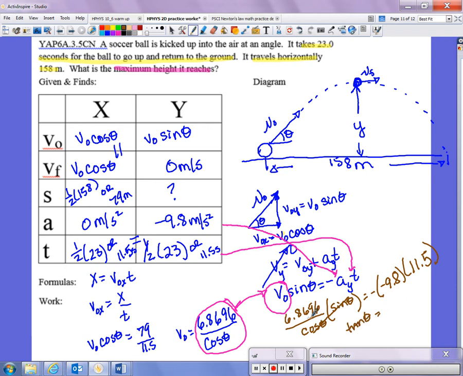So the tangent of theta is equal to this value, negative 9.8 times 11.5. Let's write it over so that I'm not skipping too many steps, divided by this value here, 6.8696. So theta is equal to the inverse tangent of that mess.